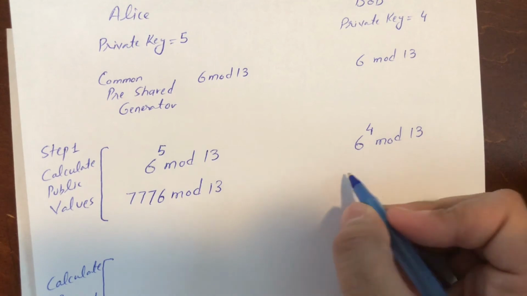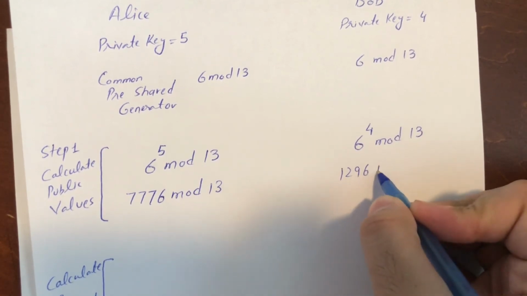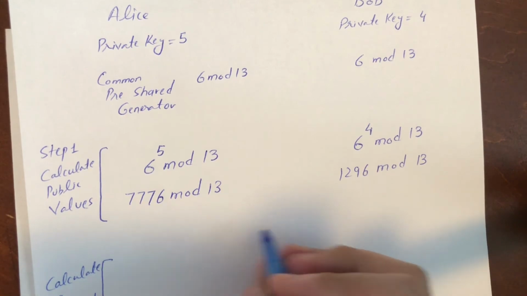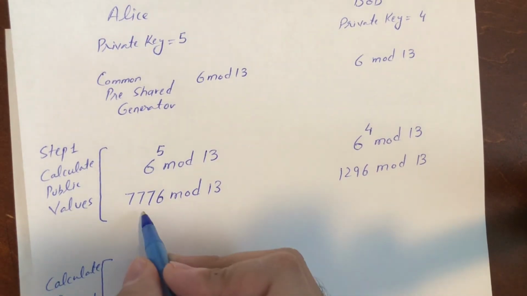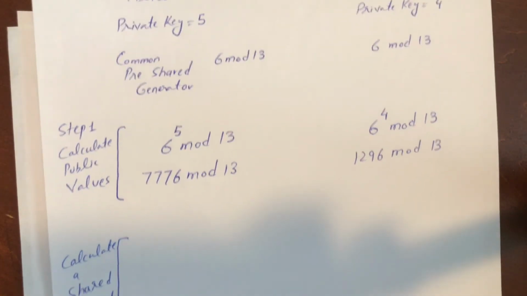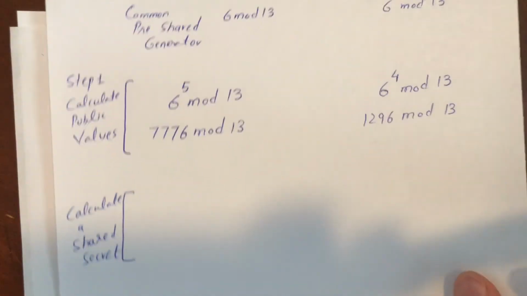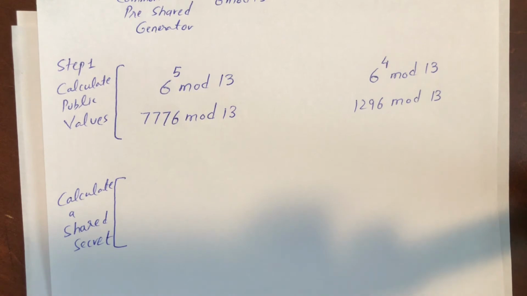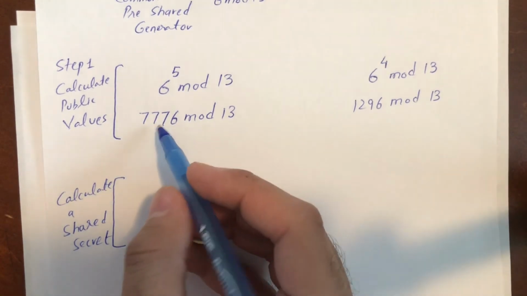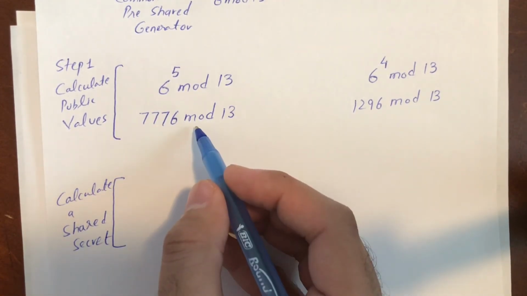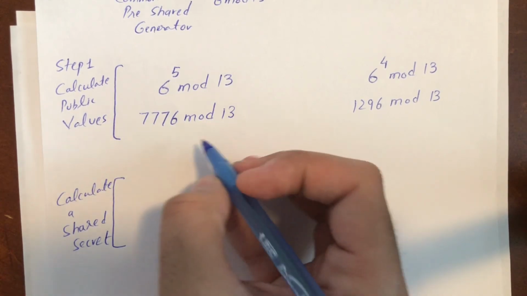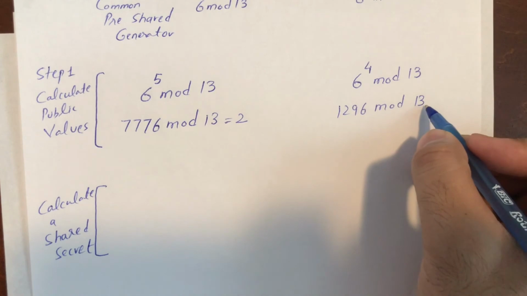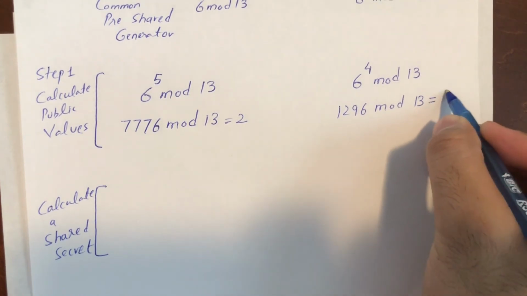And 6 to the power 4 is 1296, mod 13. You can use any calculator; most scientific calculators come with a mod button, or you can use Google calculator as well. If you calculate 7776 mod 13, the answer will be 2. If you solve the other equation, the answer will be 9.